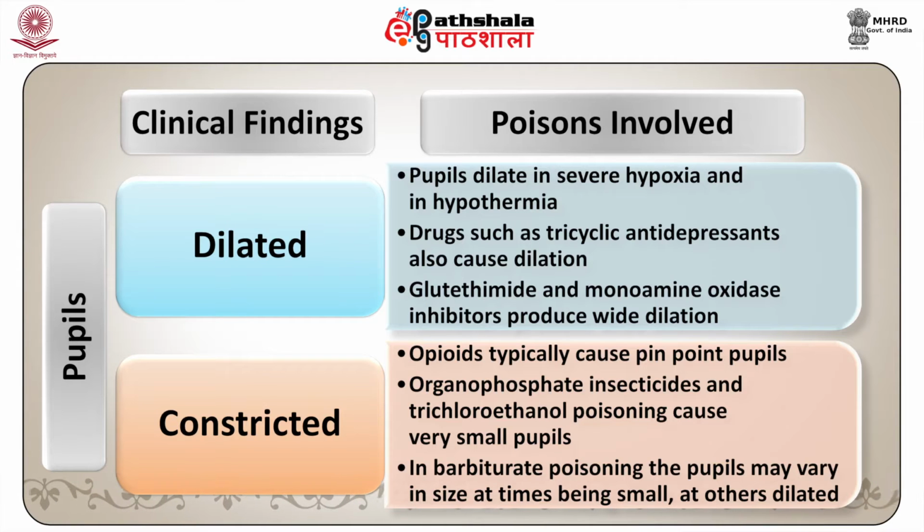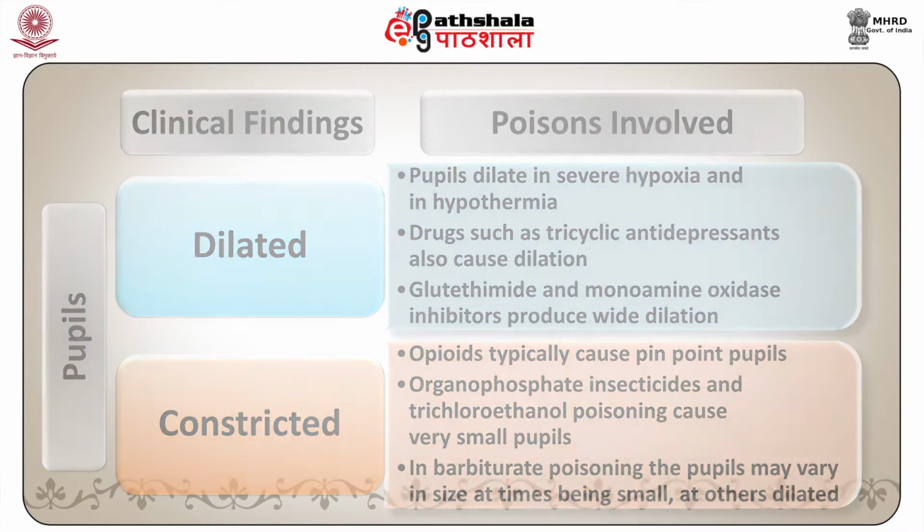Next, if the pupils are constricted, it means the opioids typically cause pinpoint pupils, meaning the constriction of the pupil. Organophosphate insecticides and trichloroethanol poisoning will also cause very small pupils. In barbiturate poisoning, the pupils may vary in size, at times being small and at other times dilated.